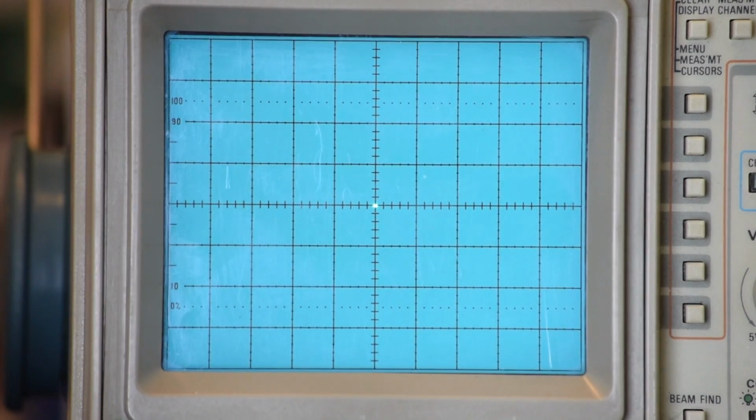So it's an iterative process, but I'll go ahead and call that. It's a little bit off at the bottom there, but we'll call that close enough.